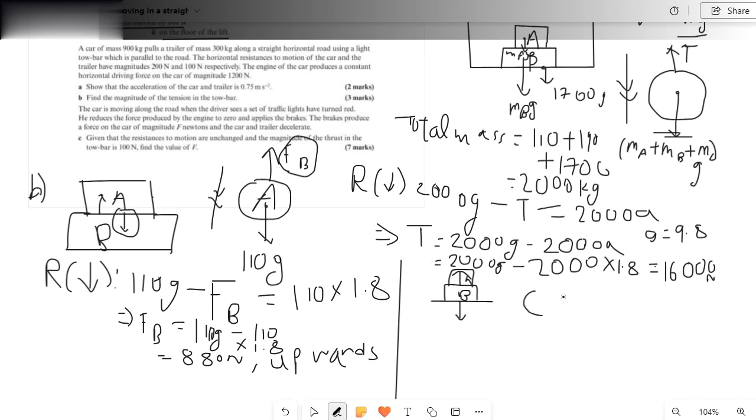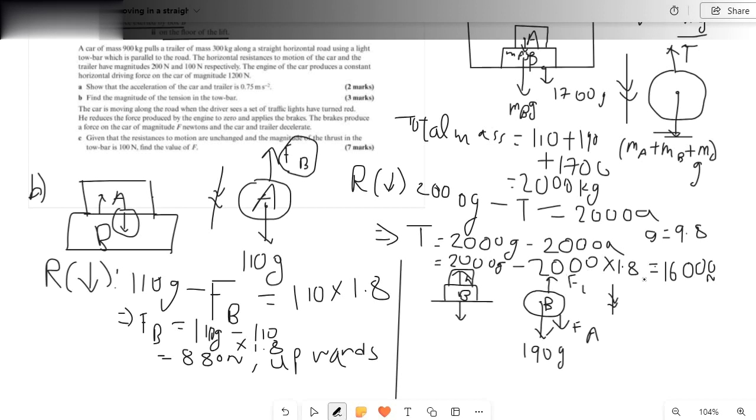So, using B as a particle, this is the weight, which is 190 g, and additionally we have the force from A, which was the force of B as well because of Newton's third law. So this is the force of A, and this will be the force of the lift.